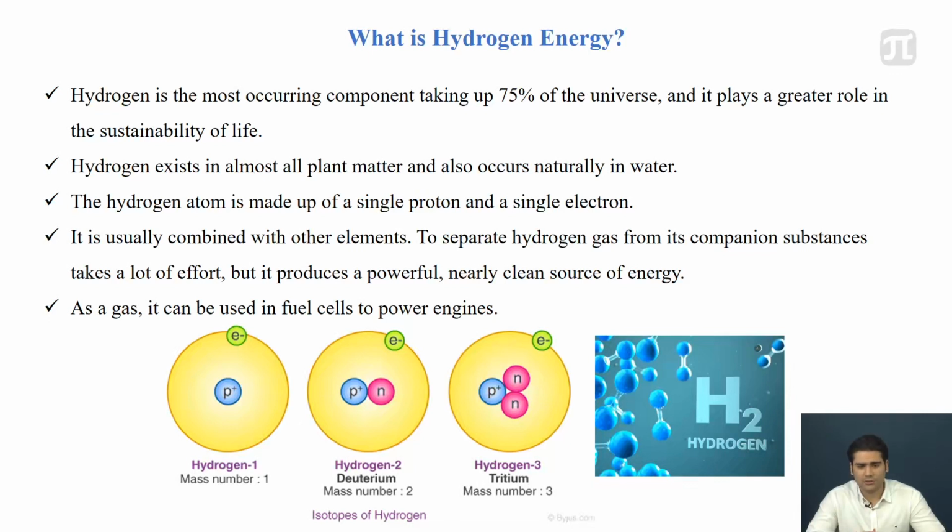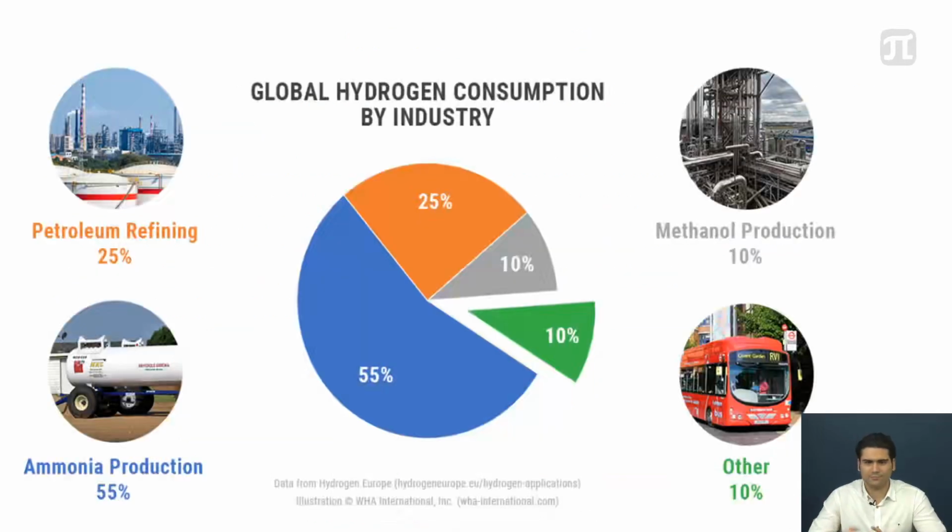H2, deuterium, is another isotope of hydrogen, but we are not going to talk about it. H3 is a radioactive and unstable isotope, and of course we are not going to talk about this one either. And we have different methods for separating hydrogen from different materials and molecules, like for example water, and in the next slide we are going to talk about them in a little more detail.